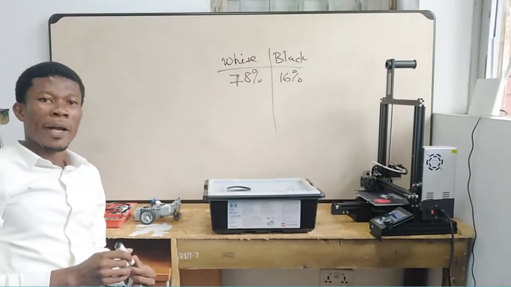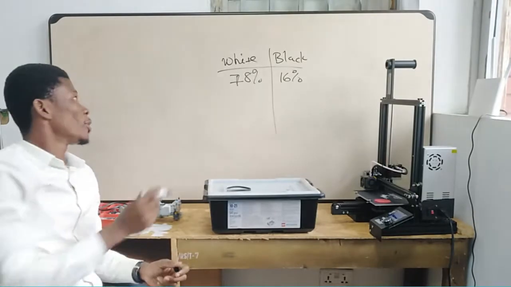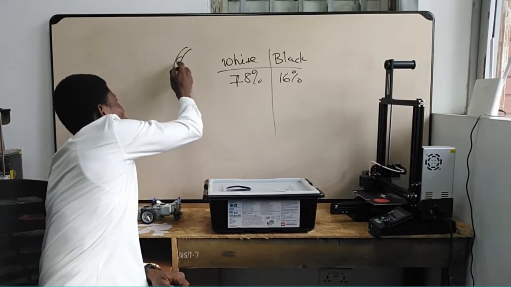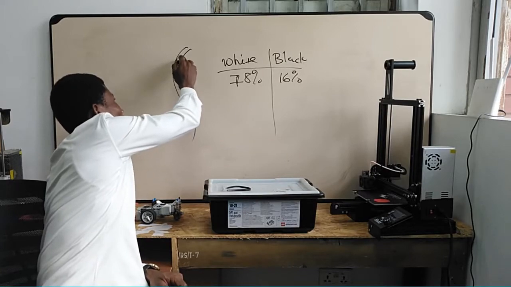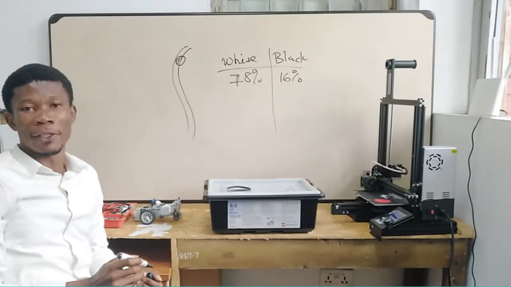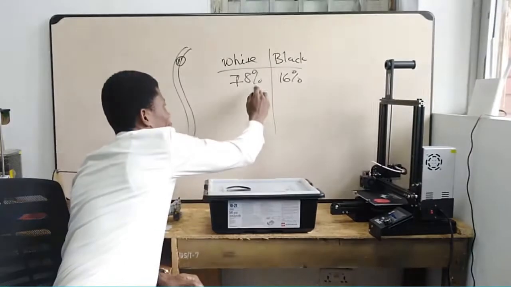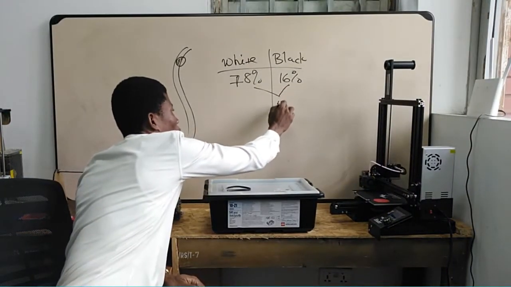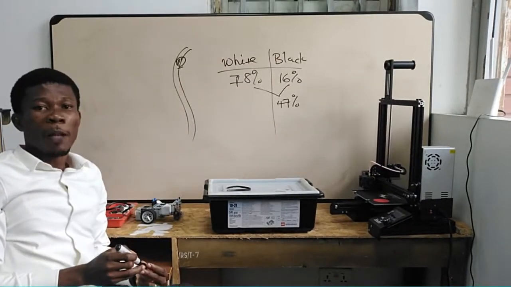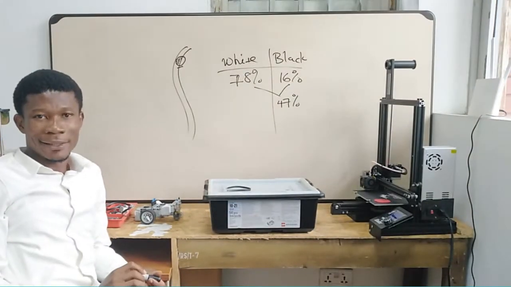So we needed a way to position our robot, and we agreed on a preferred position of half of the sensor pointed to the black line and exactly half pointed to the white surface, in which case we are expecting an average of 47% reflection if the robot is well positioned in this preferred state.